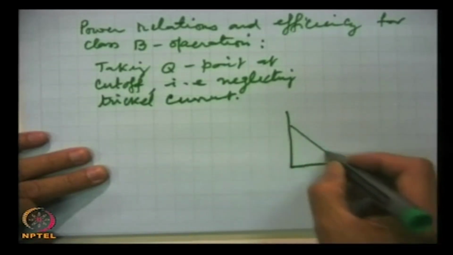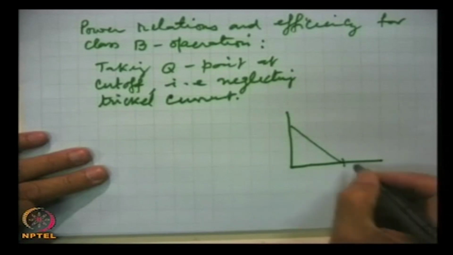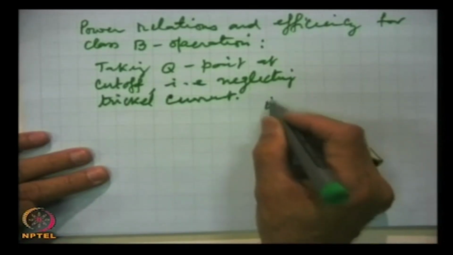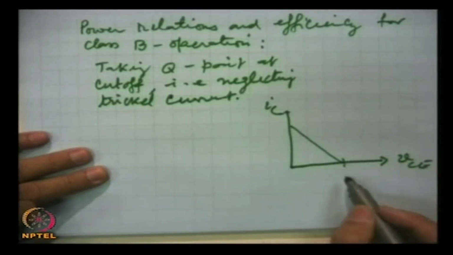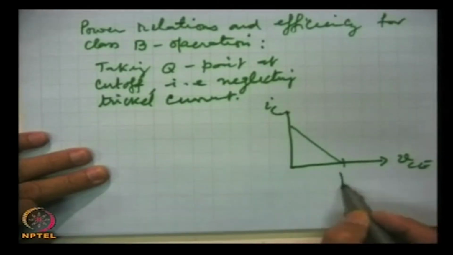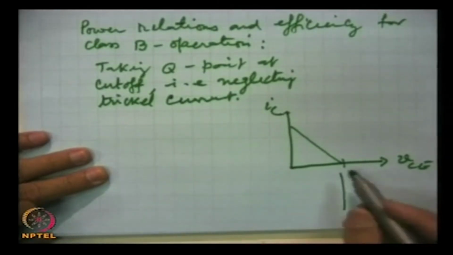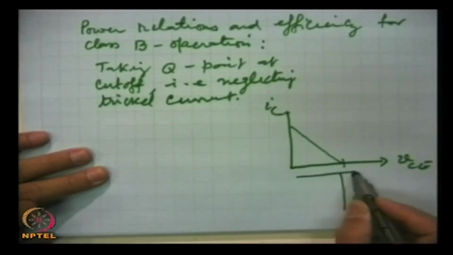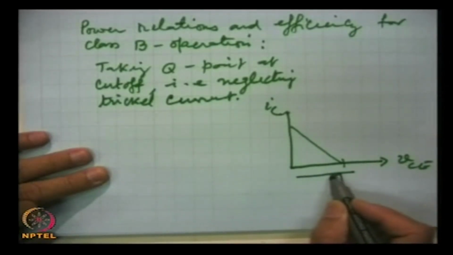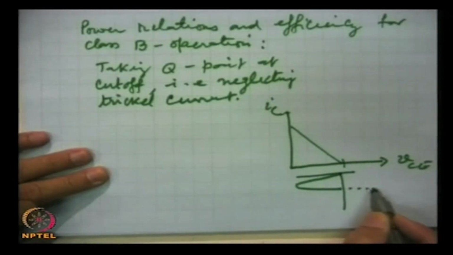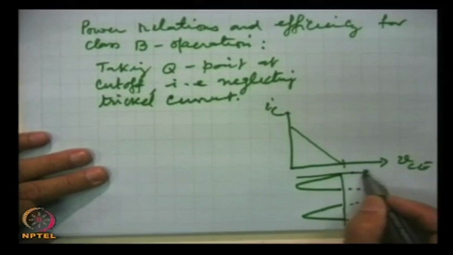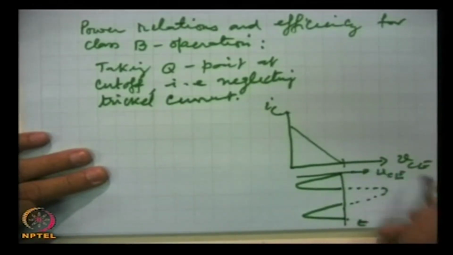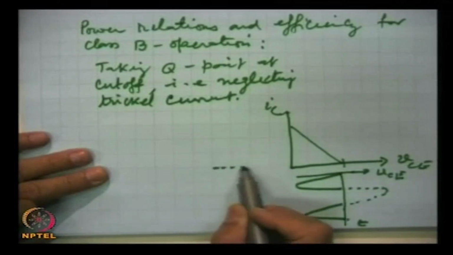This is the AC load line and this is the operating point. Here this is IC, this is VCE, and the corresponding currents.